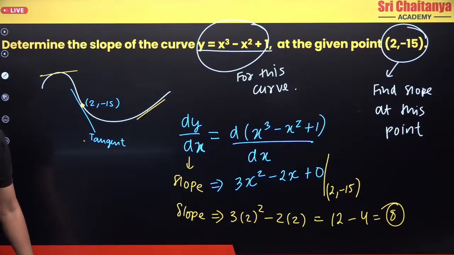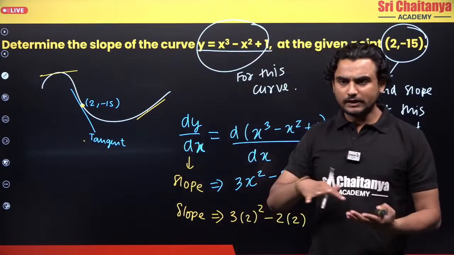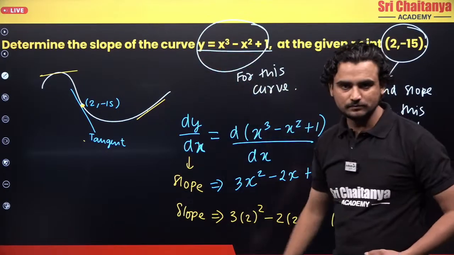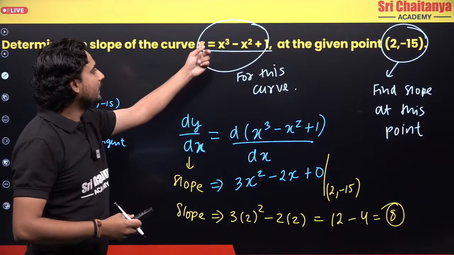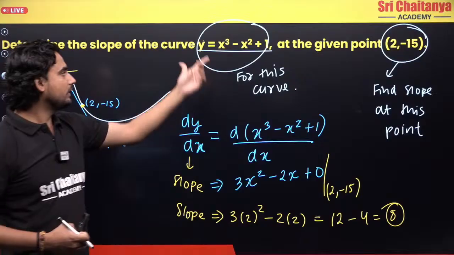So these types of questions are asked in the exam, and later on you'll understand that right now we are dealing in terms of y and x, but I can also write here some position or some velocity. I can also write here time.